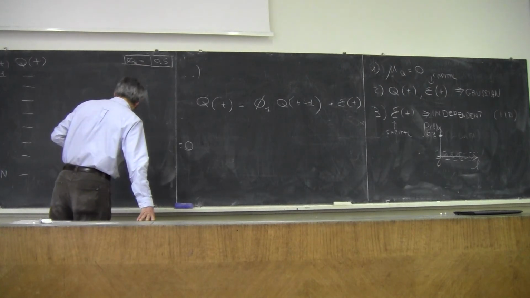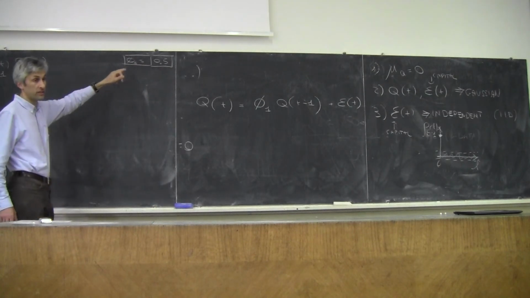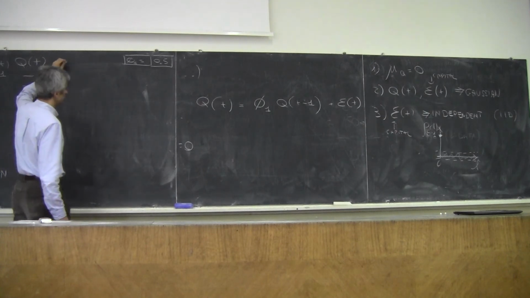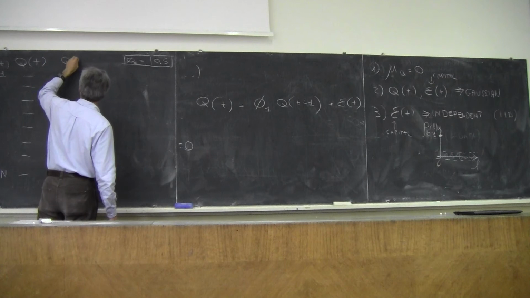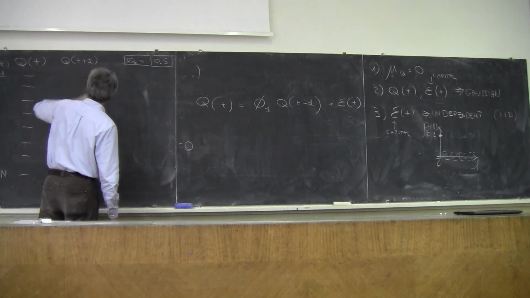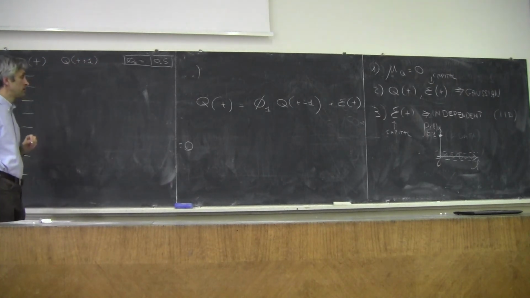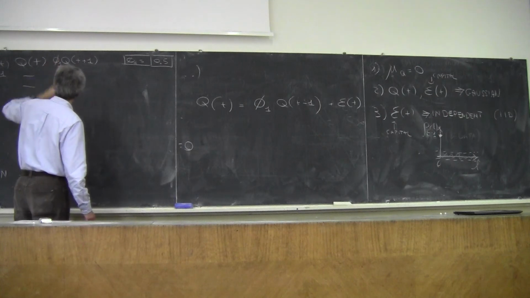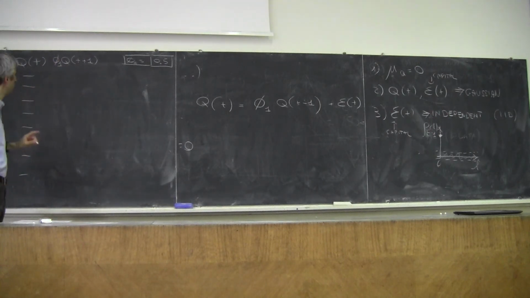And so if I define the trial value for phi1, it's very simple for me to write here phi1 Q_{t-1} in another column.